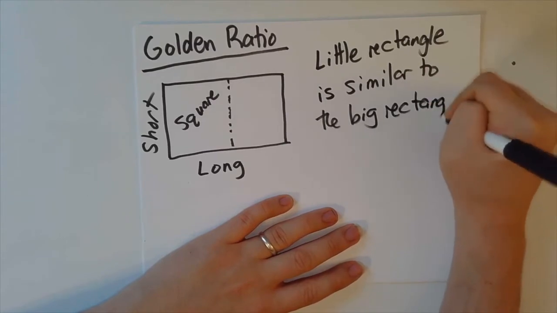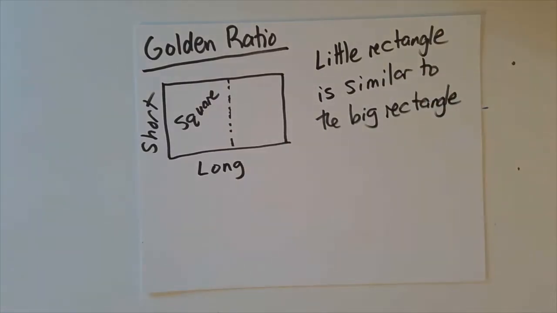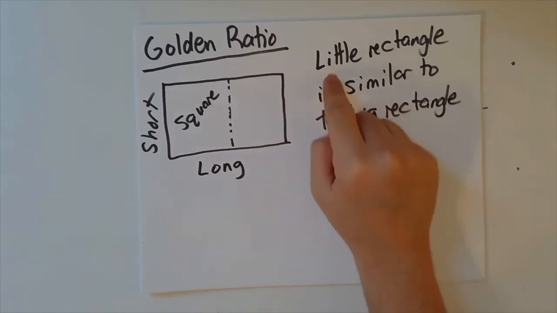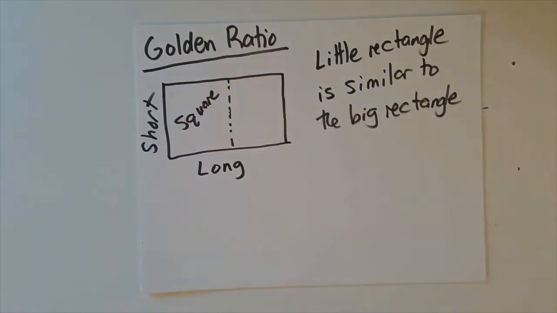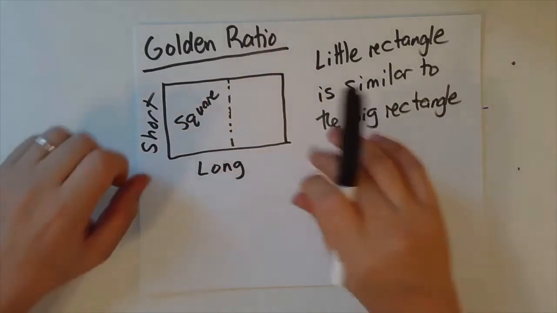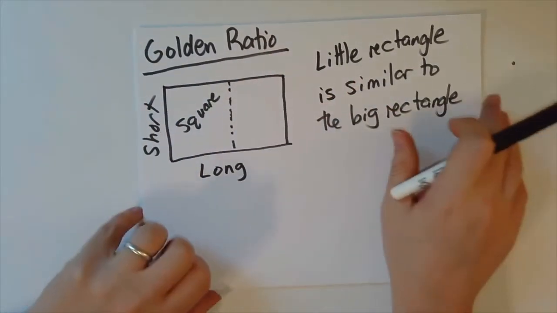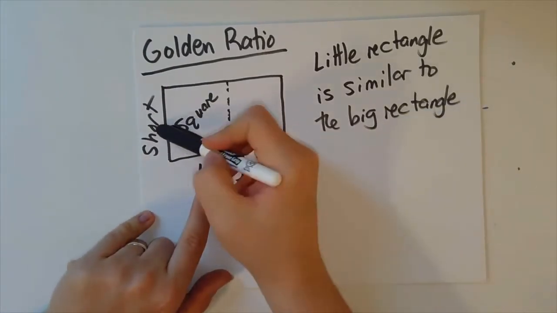Okay. Now, any rectangle where this is true is called a golden rectangle. And the reason why it's called a ratio is that the only thing that's invariant across all of these rectangles is the ratio of the long side to the short side.